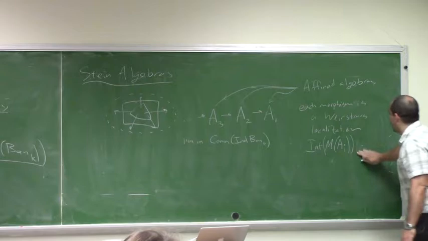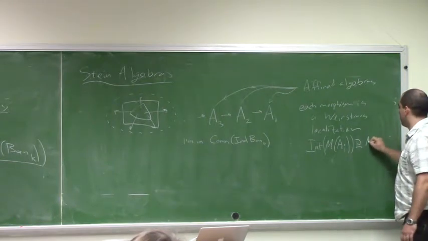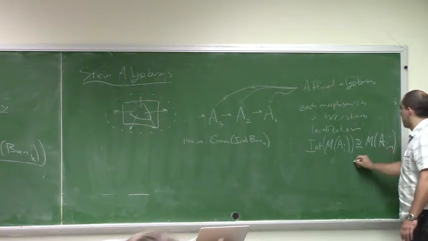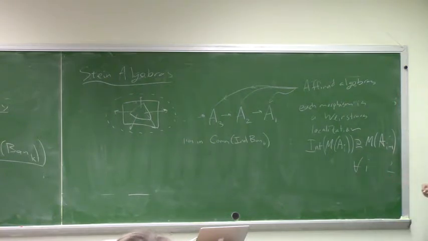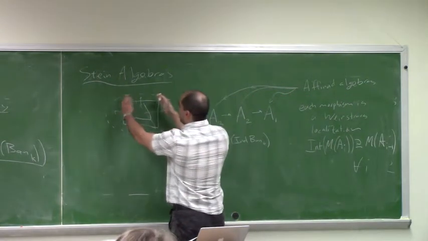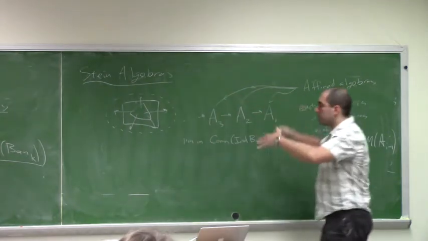Sorry, so this is contained in the interior, so this would be M of A_{i+1}. Okay, so that's saying that you're really changing at each point. You're not maintaining any points. You're actually getting bigger at every level.